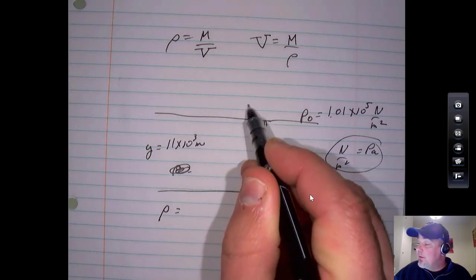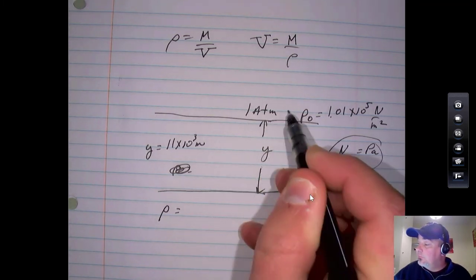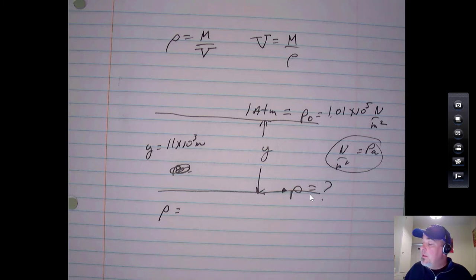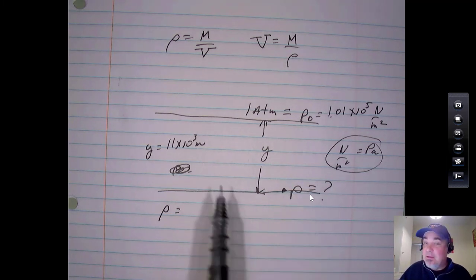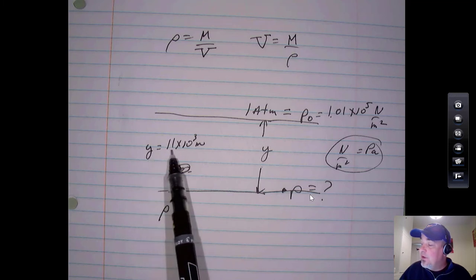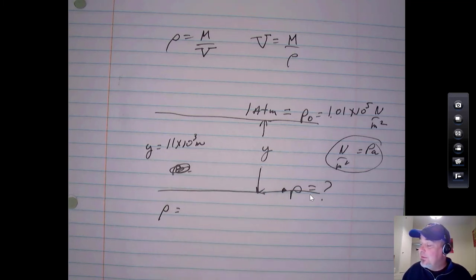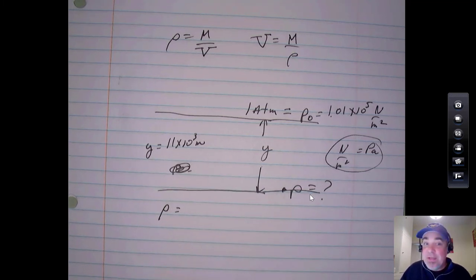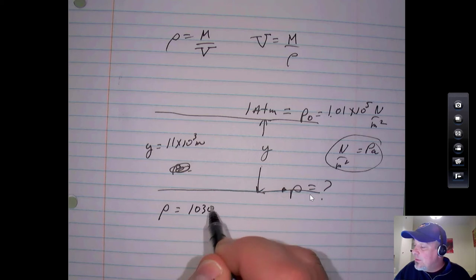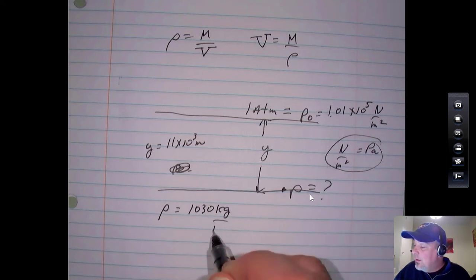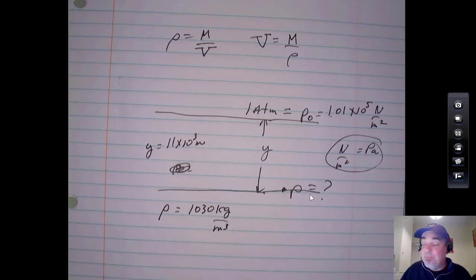That's 1 atmosphere. Then we want to figure out the pressure at this depth. The depth here is 11 kilometers, so 11 times 10 to the 3rd meters. What are we going to use for the density of water? It's an ocean, so I'm going to use the density of salt water, and this is in a table in the chapter.